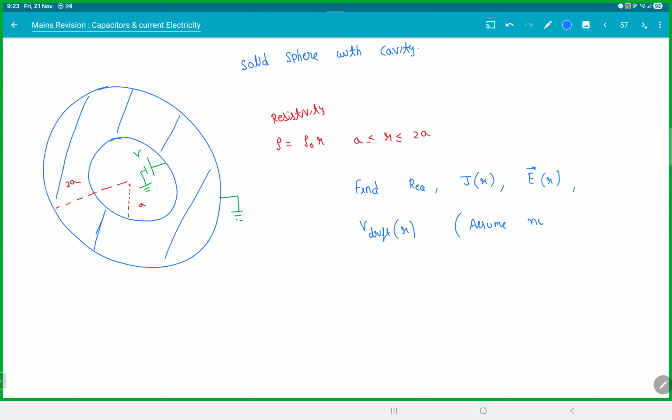N is the number density. Getting it? And if heat is produced, heat per second per unit volume is proportional to r power x. Find x.